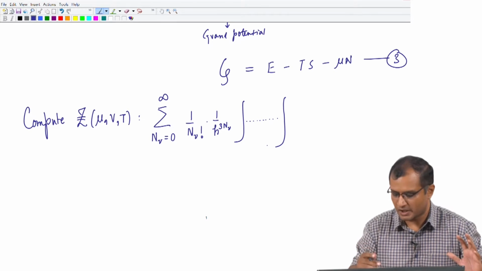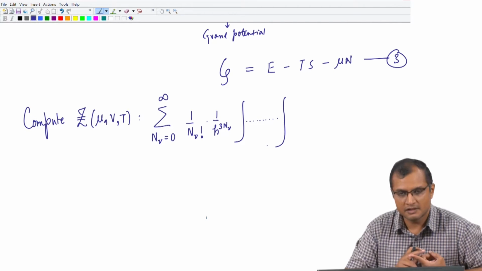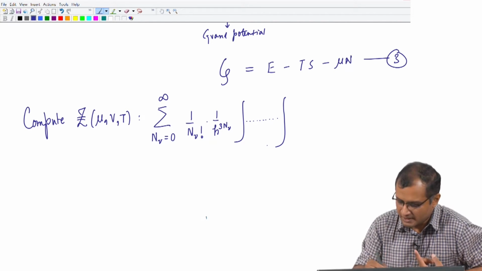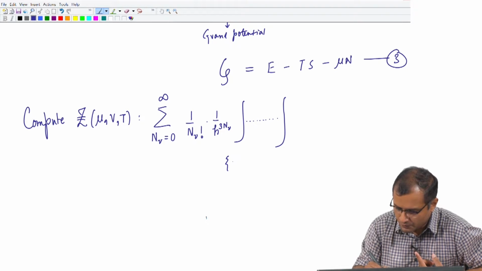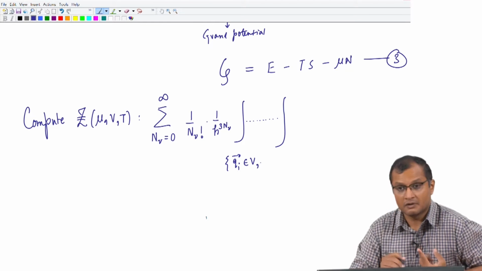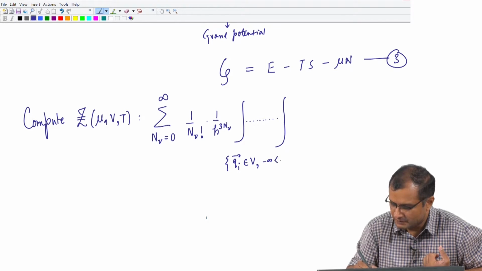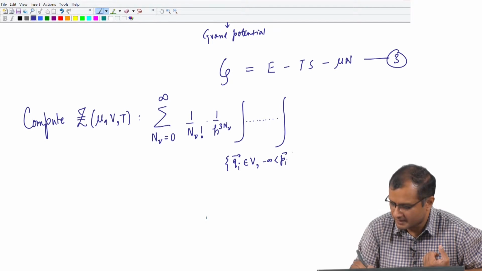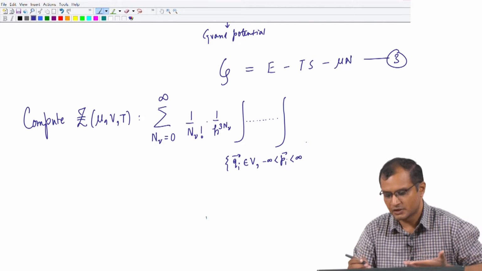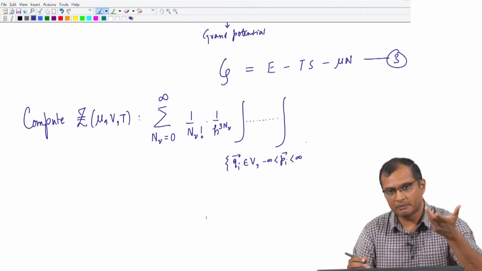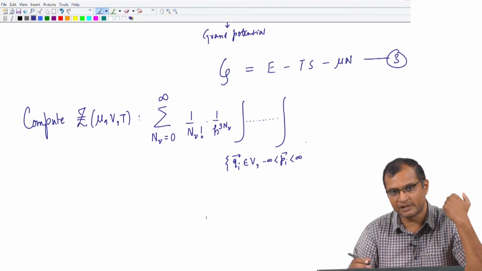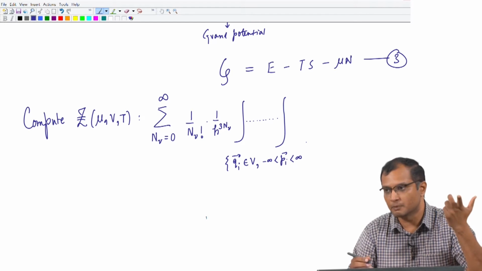I have integral over all coordinates, position coordinates and momentum coordinates, subject to the criterion that my position coordinates are all inside the box V and my momenta are all between minus infinity to plus infinity. So, I am allowing for all the possible momenta. So, the integral limits on the momentum are going from minus infinity to plus infinity for each component of the momentum.